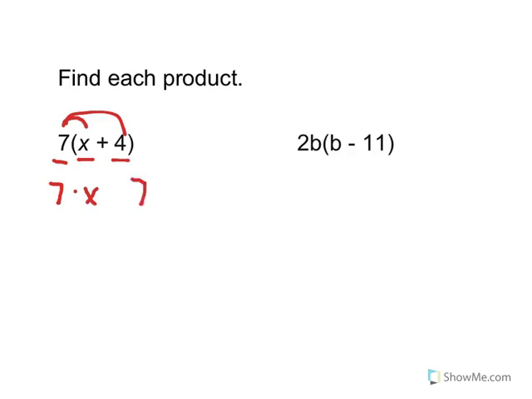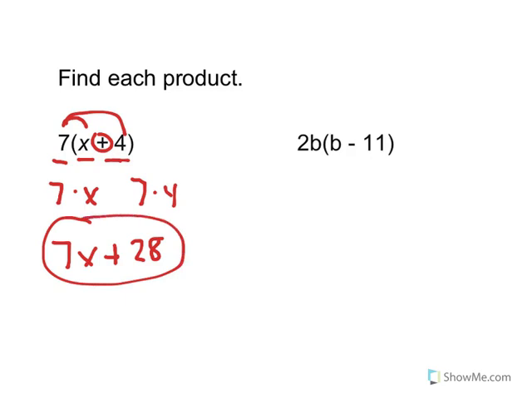Remember, I used that plus right here as just a sign on the 4. And if you do that, that gives you a positive 7x, and that gives you a positive 28. So that positive on the 7 times the positive 4 becomes your symbol in between. And so there's your answer. Again, no like terms to combine together.